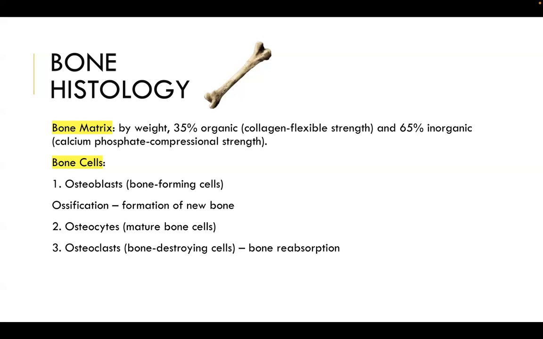So there are different types of bone cells. Osteoblasts, for example, are your bone forming cells. The primary role of osteoblasts is to lay down new bone during skeletal development and remodeling. Through this process, osteoblasts directly interact with other cell types within bone, including osteocytes, which are your mature bone cells, and hematopoietic stem cells.